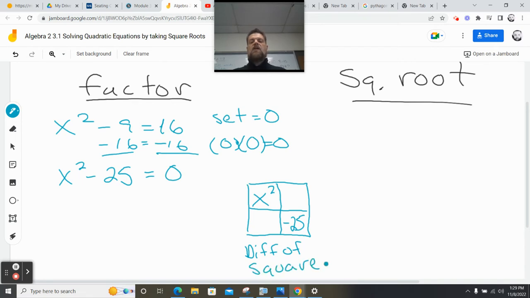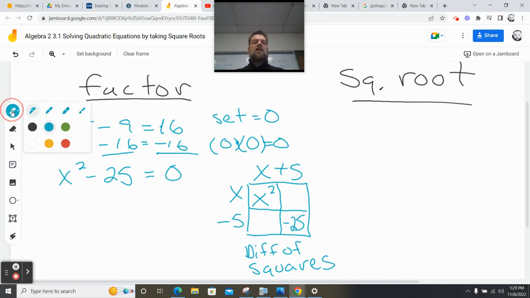But even if you don't recognize the pattern, x times x equals x squared. How do I get negative 25? What numbers do I multiply to get negative 25? Well, positive 5 times negative 5 equals negative 25, right? So then in here, what's negative 5 times x?